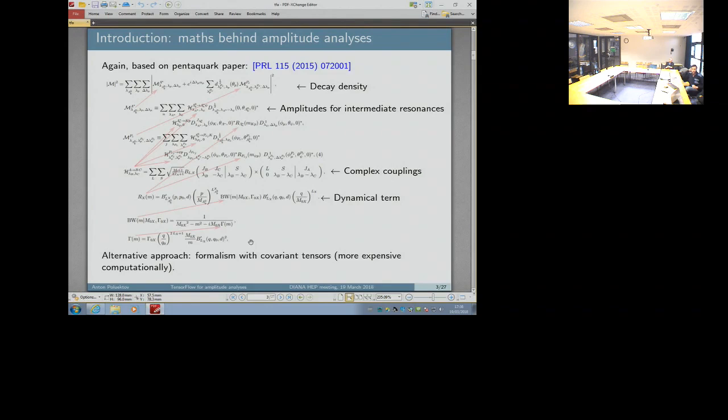This is the so-called helicity formalism. There is an alternative approach, the so-called covariant tensors, which is more computationally expensive, but in principle it should give in the end more or less the same functions.